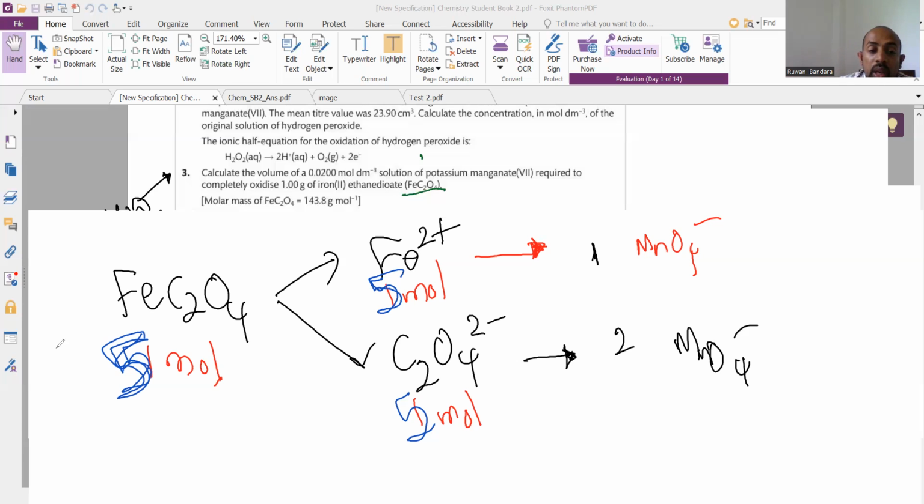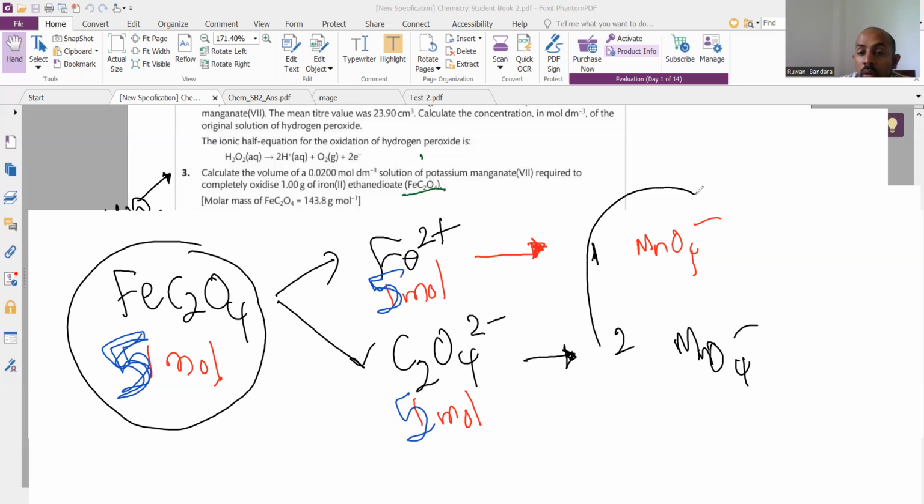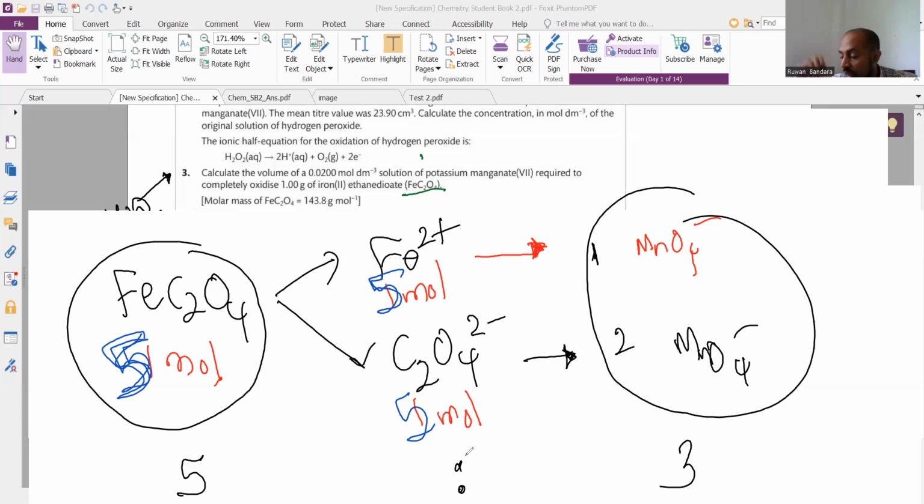Therefore, to react with 5 moles of this compound, you need 3 moles of MnO4 minus. Is this clear? Or not? Before doing the question, you have to work this out. If you can work this out, then that's the answer.